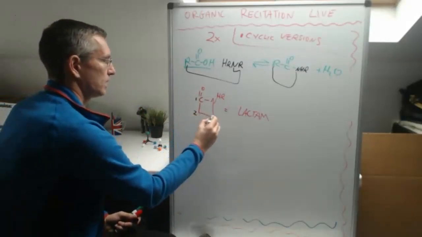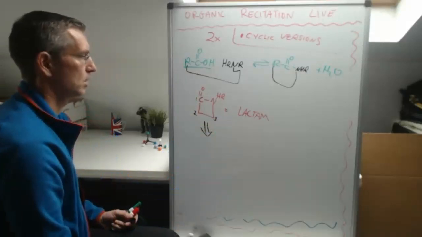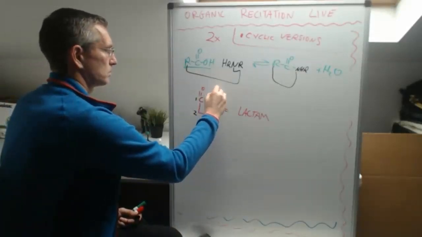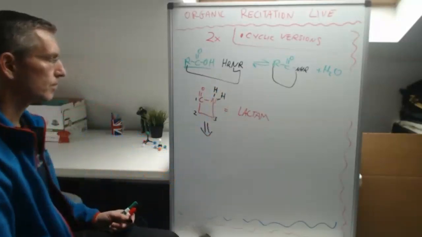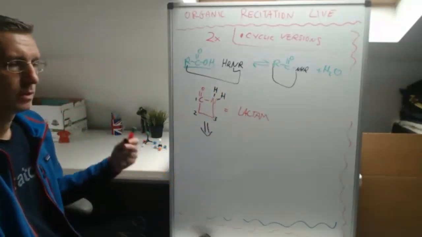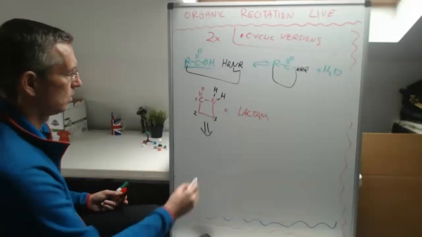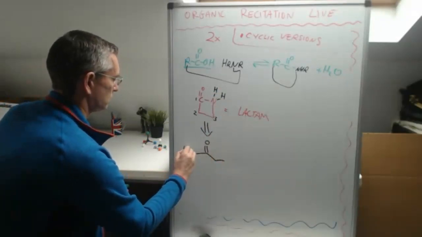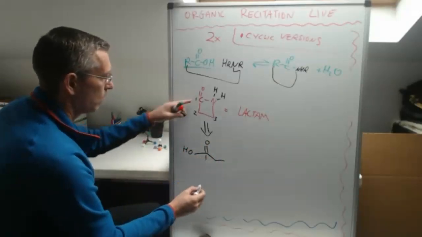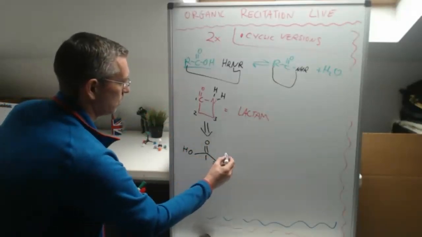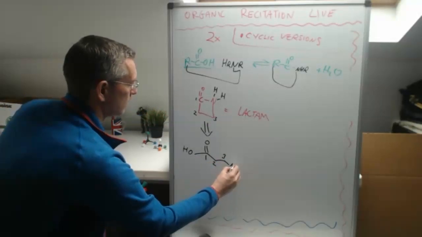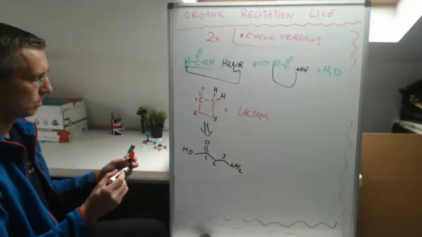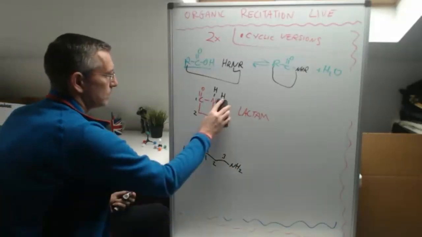So again, I would encourage you, as we do a specific example, to number your carbons. This is carbon number 1, carbon number 2, and then carbon number 3 is where your NH2 would be.